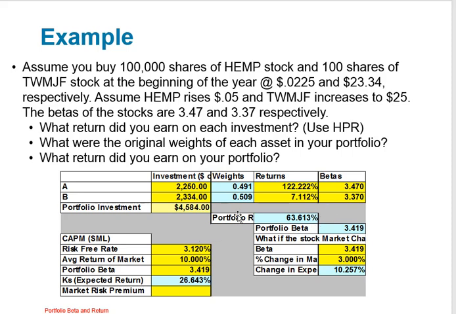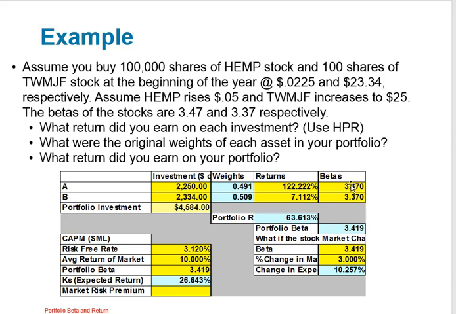So this portfolio should have earned 63% based on this change. The portfolio beta is 3.419. So now the question is, is this a decent rate of return or not?